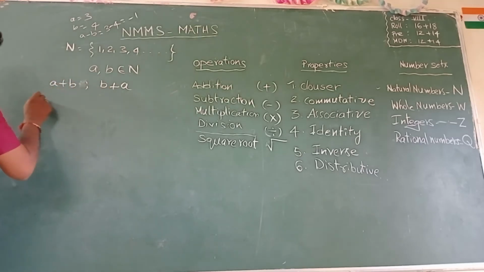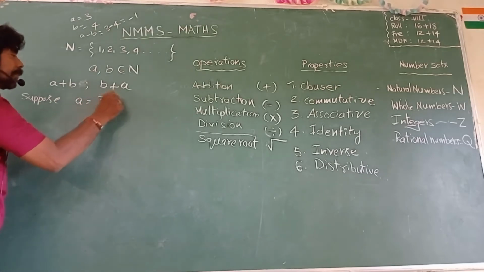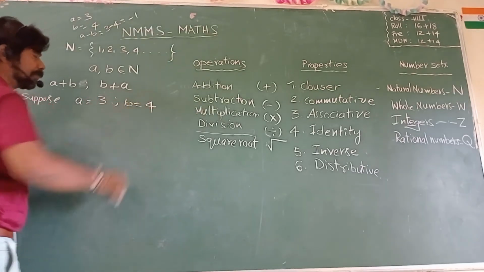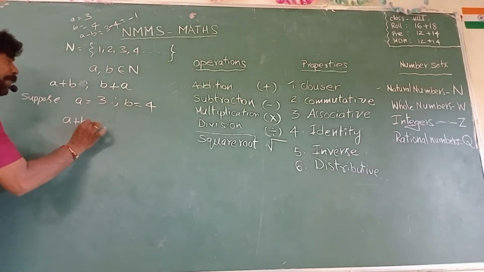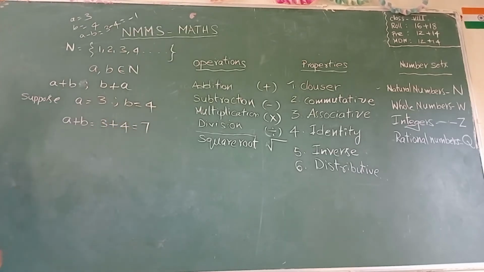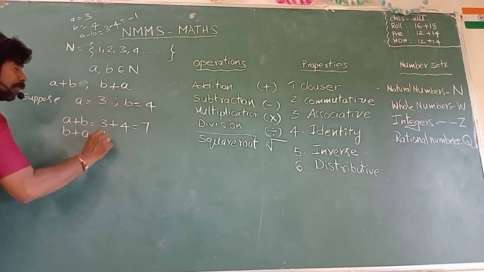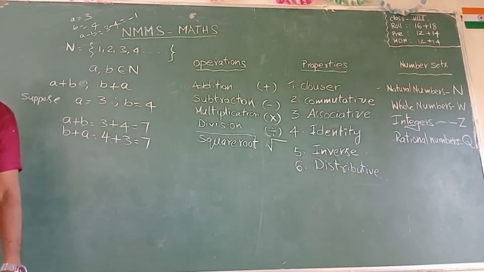Suppose a is equal to 3, b is equal to 4. Now a plus b is equal to 3 plus 4, 7. b plus a is equal to 4 plus 3, is equal to 7. Okay, understand?